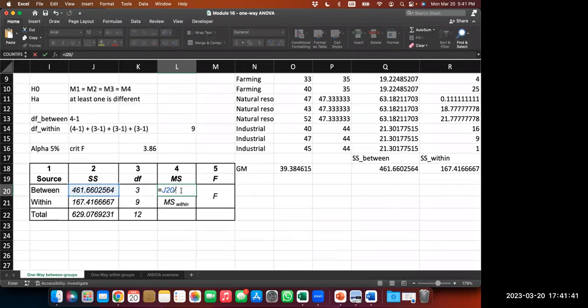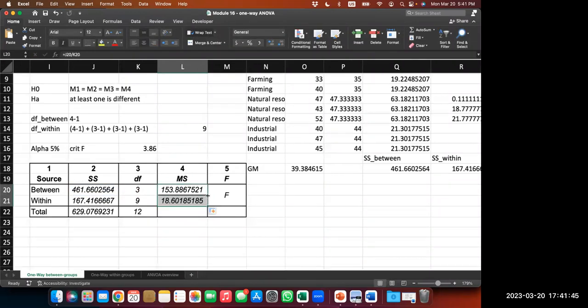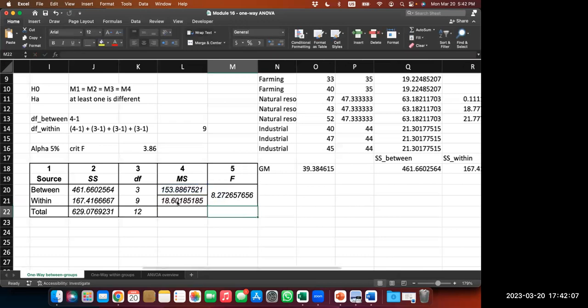It's the sum of squares divided by the degrees of freedom. And that gives you two different variances. And now we know that the F is calculated as variance between divided by variance within. And that gets you to the F.